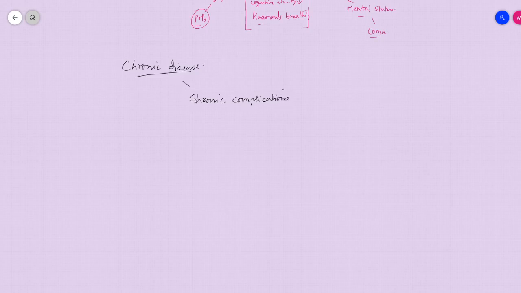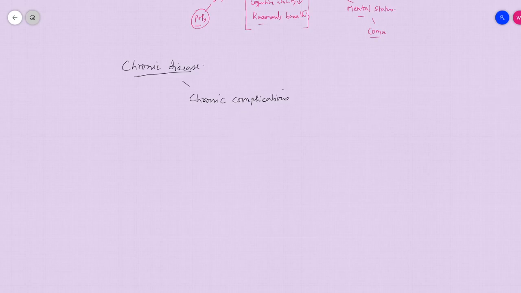This is the reason why diabetes should be treated. We treat diabetes mellitus because we want to prevent or slow down the instances of chronic complications happening.